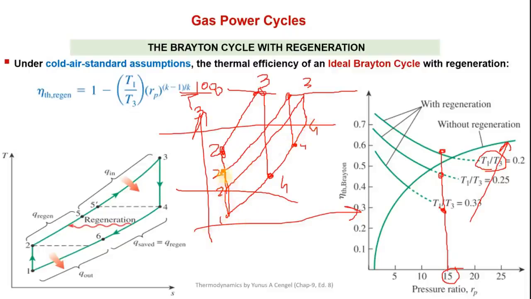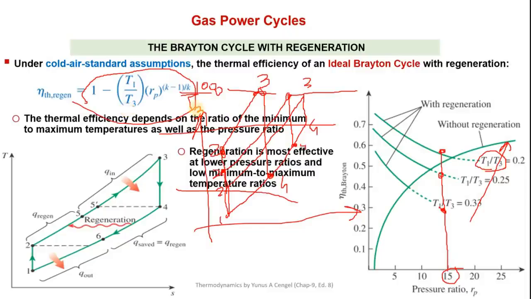So with the increase in pressure ratio, the chance of utilizing this regeneration heat drops, and that's why with the increase in pressure ratio for any fixed value of T1 by T3, efficiency drops. So that's how we can understand the meaning of this equation. Although we didn't derive it, we can understand its meaning. Okay, so that is explained here.